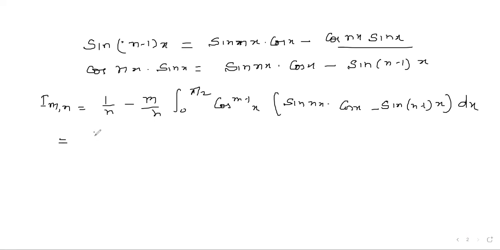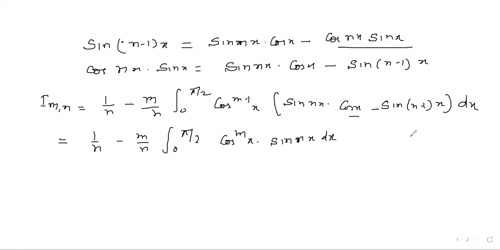Now we write it further: 1 upon n minus m upon n integral 0 to pi by 2. Here cos x, and this is cos^(m-1) x, will make it cos^m x, and sin nx dx we separate. Then this minus sign and this minus sign, so it will become plus.